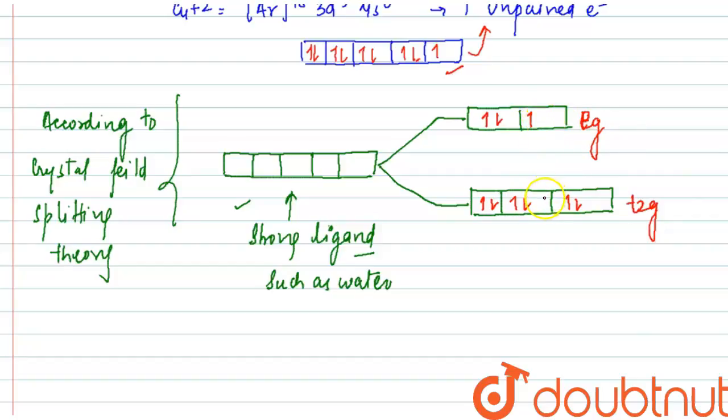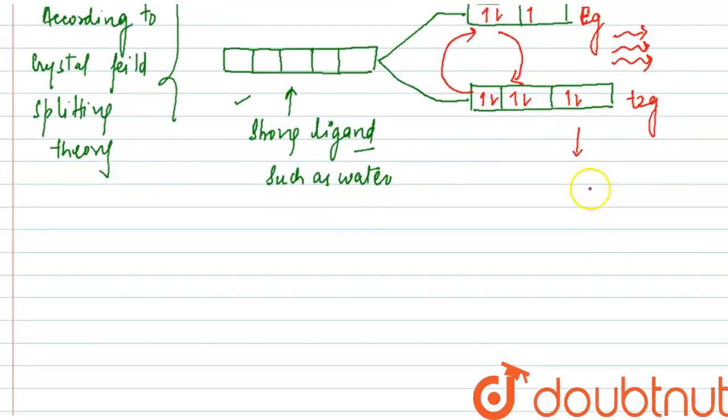So sometimes what happens is that one of the electrons from the T2G level, which is the lower level, takes energy from visible radiation and gets excited and promoted to the higher energy level, that is EG. And just after some time it returns back to its original position, radiating the absorbed radiation in the form of visible spectrum.